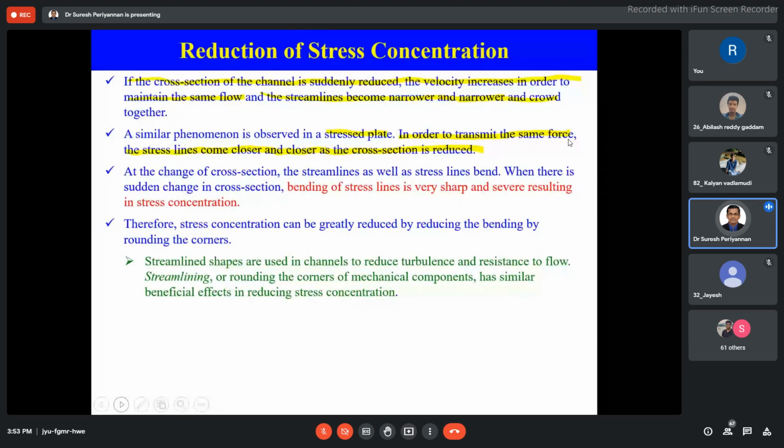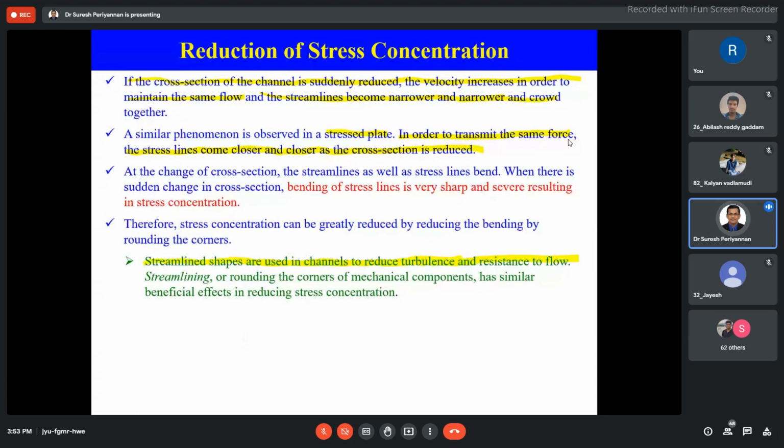Now, see here, the streamlined shapes are used in channels to reduce the turbulence. I mean, in fluid mechanics, the streamlined shapes are used to reduce the turbulence as well as the resistance to the flow. But in our case, by streamlining or rounding the corners of the mechanical component, a similar benefit can be obtained, that is, the stress concentration can be reduced.